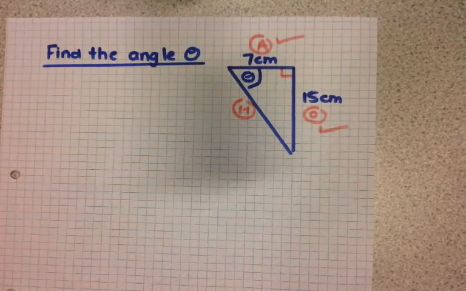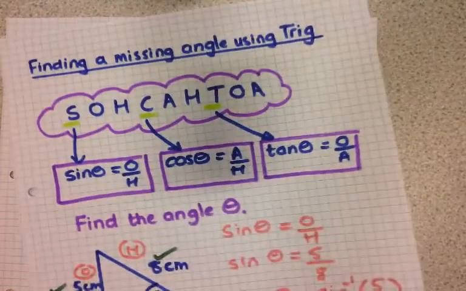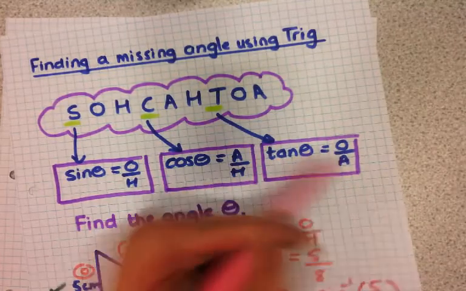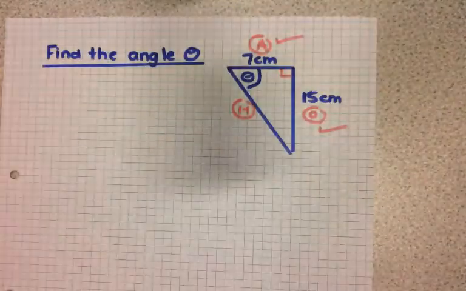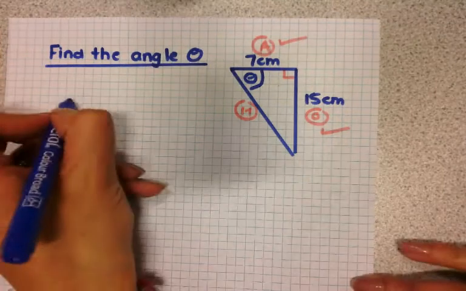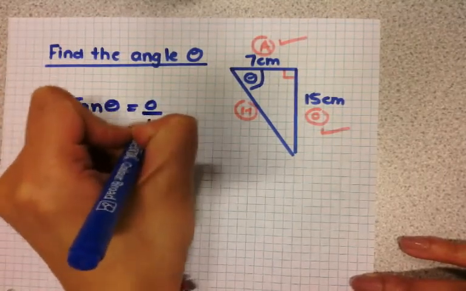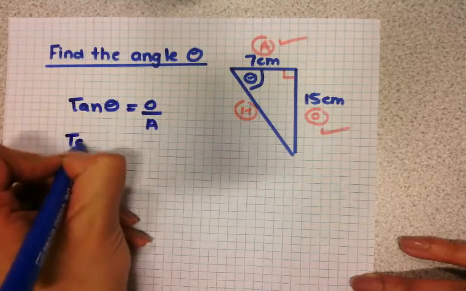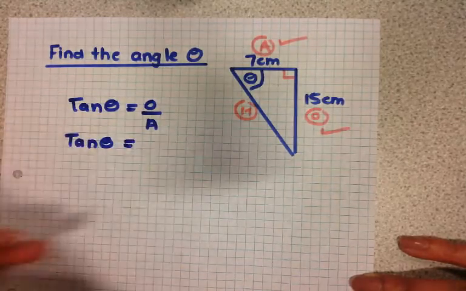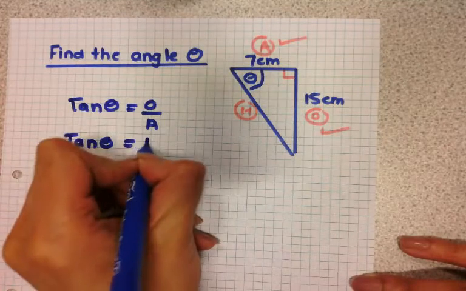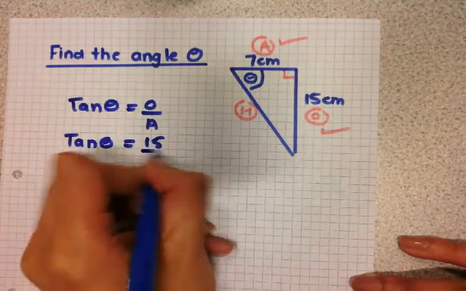So O and A is to do with tan, so I need to write down tan theta is O over A. So tan theta, substituting the O, which is 15, A is 7.